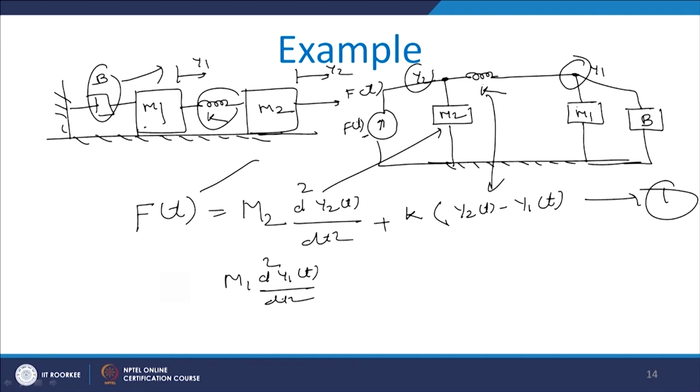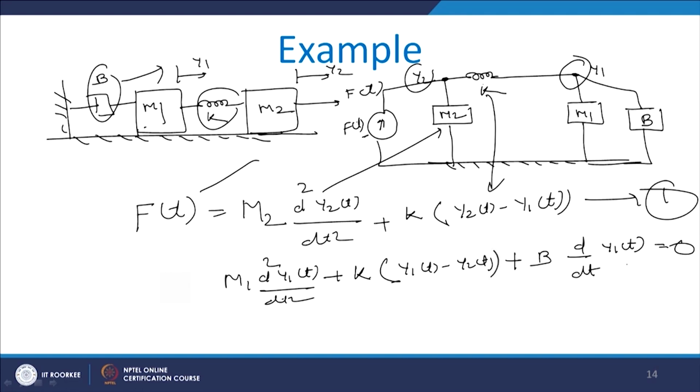So we are only showing m1 and b, and the force we take as 0. So m1 d square y1 of t by dt square plus k, now for k we are showing from this side, so y1 of t minus y2 of t, plus b d by dt of y1 of t equals 0.